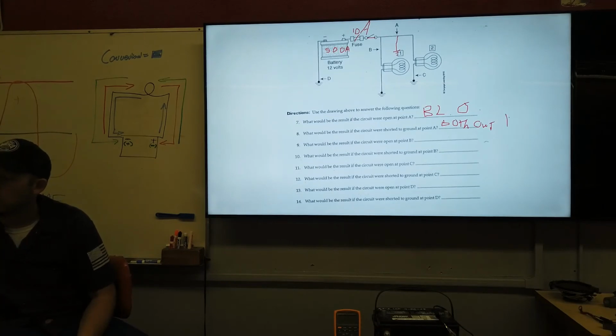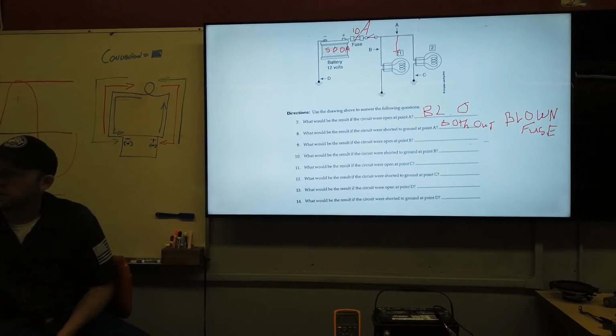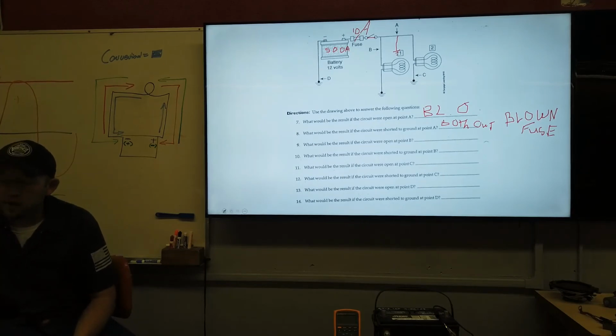Because we're going to have a blown fuse, right? So blown fuse.